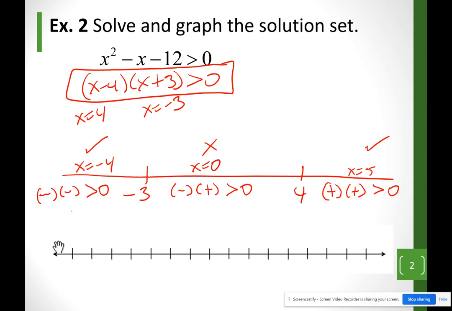So now you guys can see my spaces in there. My answer will be from negative infinity to negative 3. You guys can see my gap now. It's going to be from 4 to infinity. Notice I have the same answer I showed you guys earlier. Before it was graphing, but now we have this other method.